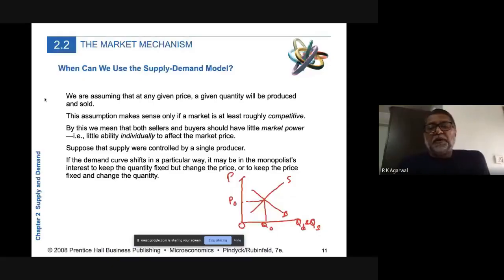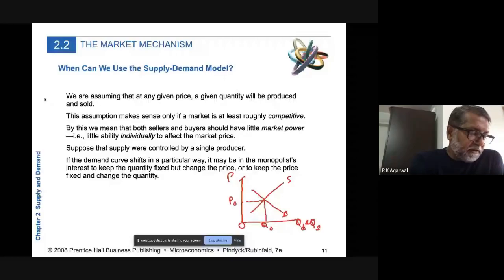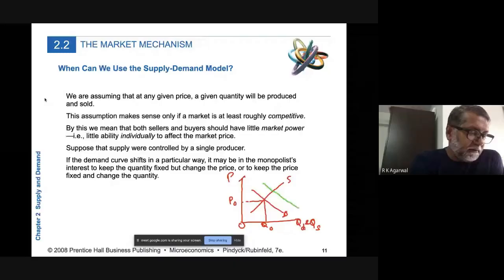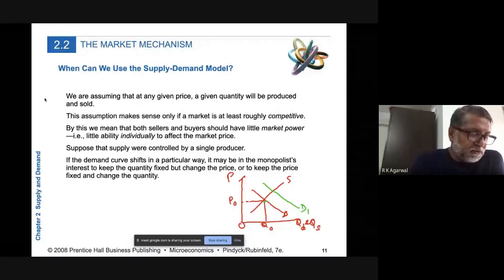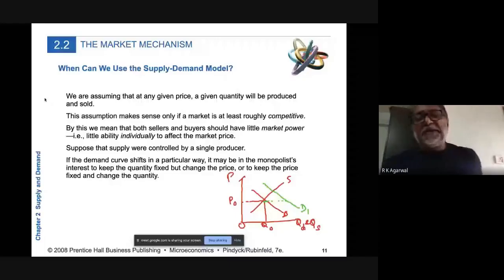Now, if the monopolist wants to keep the price fixed, the demand curve has shifted to its right from D to D1. It wants to keep the price fixed. What will happen to the quantity now? So the monopolist can keep the price fixed and change the quantity from Q0 to Q1.